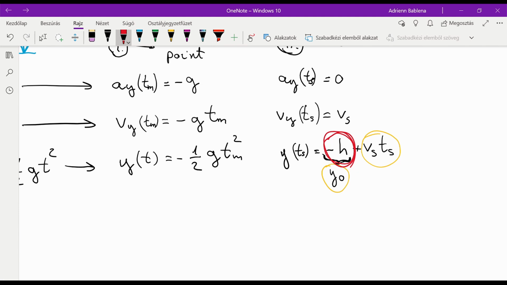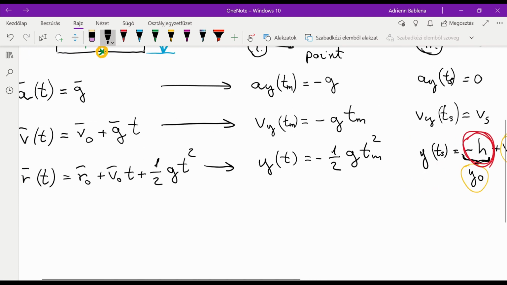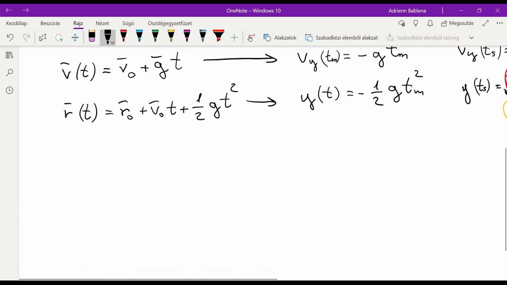What can we do? And I think Tm is T1, right? No, T1, yes, good idea. T1 is the sum of Tm and Ts. So not sum, equals to. So, when we start our clock is when the material point starts moving, and we stop our clock when we hear the sound.